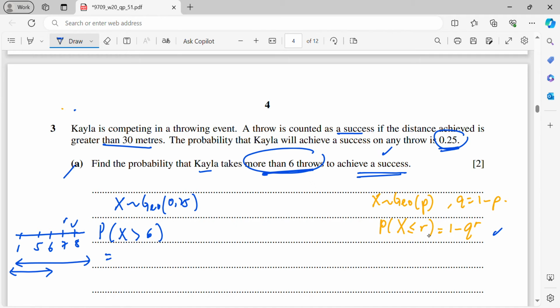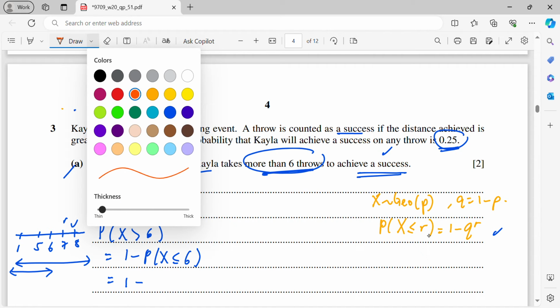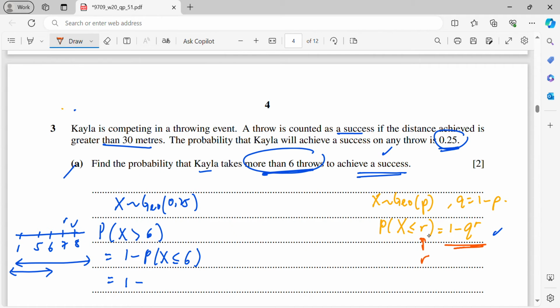That means this is basically 1 minus P(X less than or equal to 6). Now use this formula. So now your r is 6. So I will get 1 minus my q. From here I will write p equals 0.25. Then my q is 1 minus 0.25, that is 0.75. Then here is going to be 0.75 to the power 6.